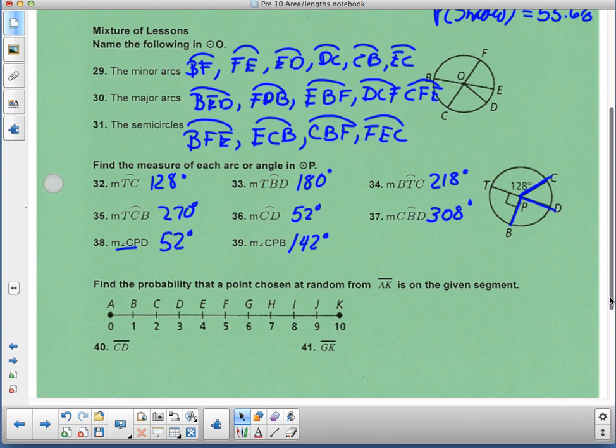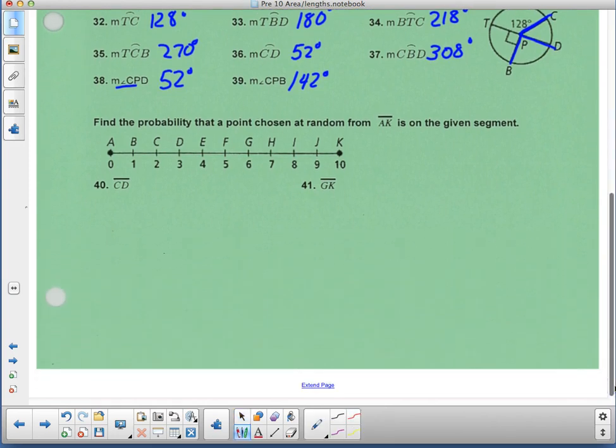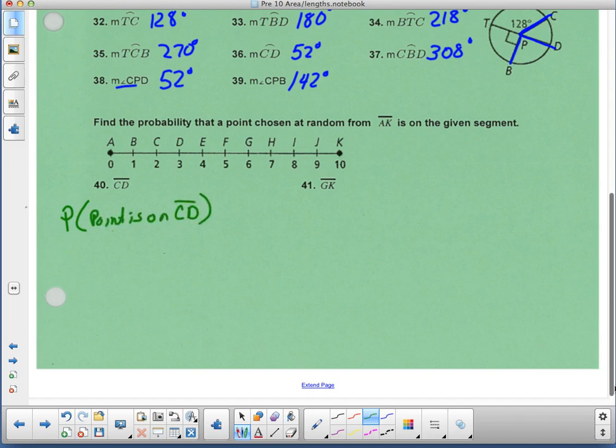Now these last two are all about segments. So I'm looking at what's the probability that my point, chosen at random, is on CD. Remember, I've got to go CD over AK. CD is just 1 unit. AK happens to be 10, so I got 0.1 or 10%.